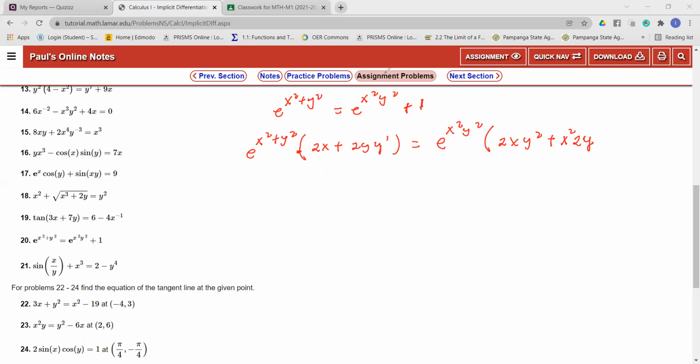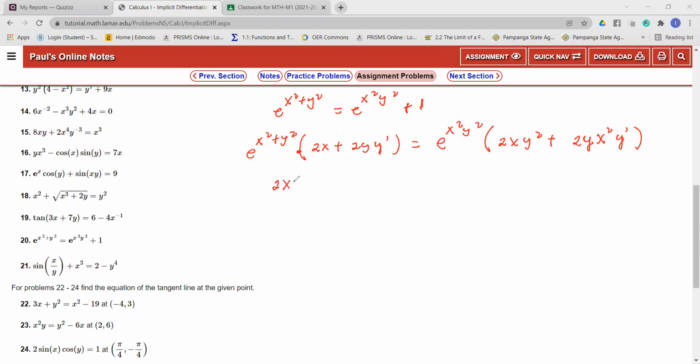Pero syempre, sa kabila, ano siya dito? So 2y times x squared. Don't forget, ito ay y prime. Ayan. So, plus 0. So derivative naman ng 1 ay 0. So ito na siya. So, distribute lang.